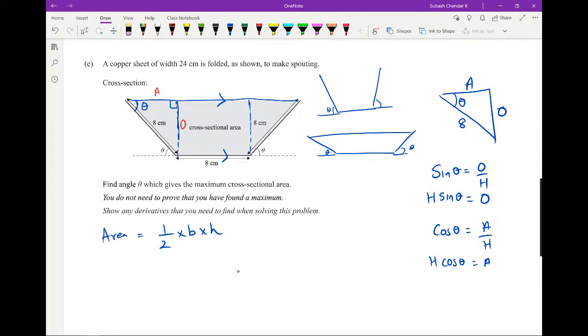So I'm going to replace my h with 8, which means my adjacent is going to be 8 cos theta, which is this. And this is also going to be 8 cos theta. And this part here is going to be 8. Now, as for my height, it is going to be 8 sine theta.